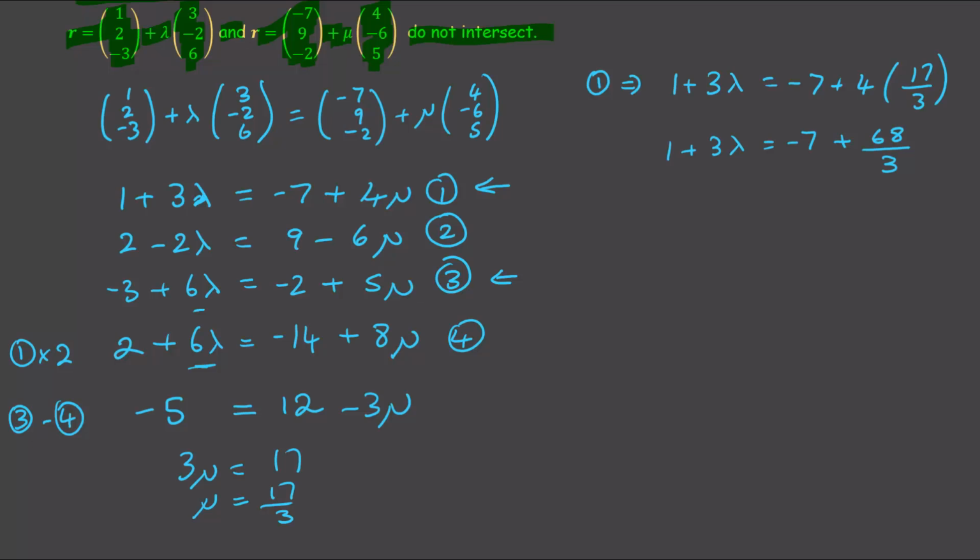And so 3λ is going to be -8 + 68 on 3. 3λ is going to be -24 on 3 + 68 on 3. So 3λ is going to be 44 on 3. So λ is going to be 44 on 9.